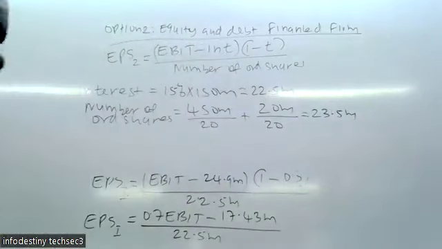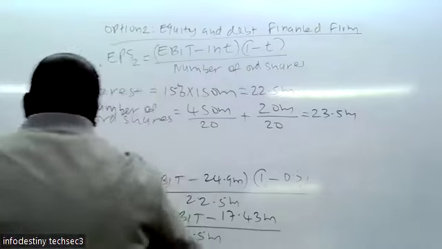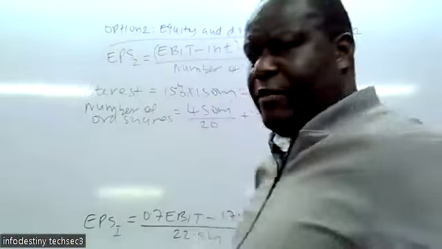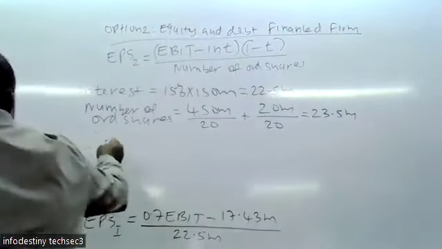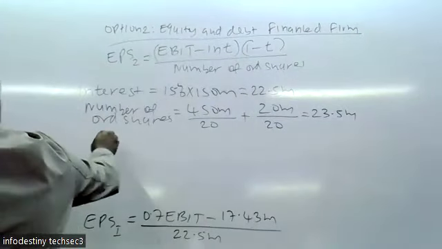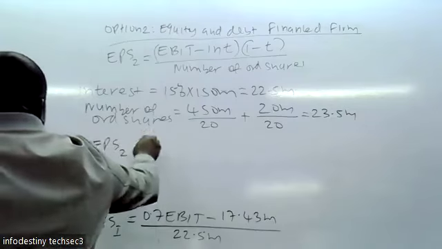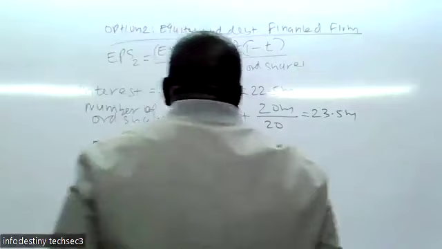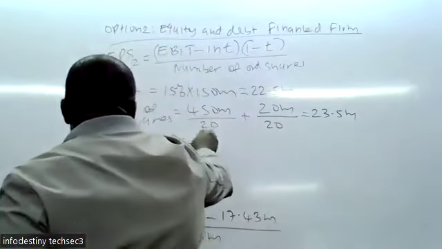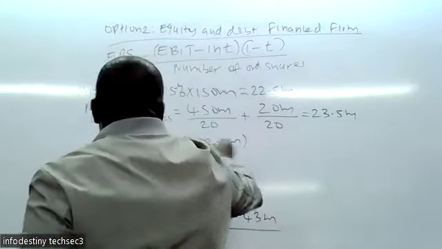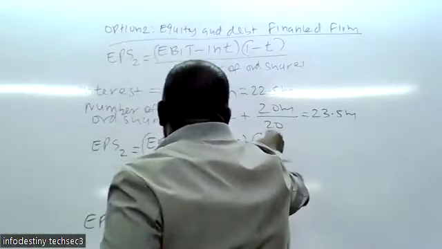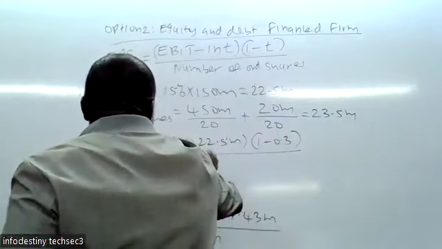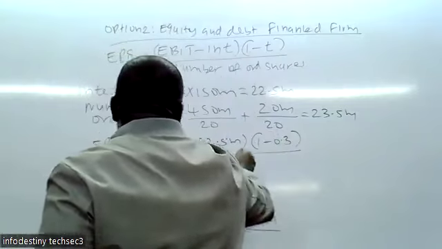Now we simplify our equation, whereby earning per share for option 2 will be earnings before interest and tax, less interest of 22.5 millions, times 1 minus 0.3, divided by 33.5.